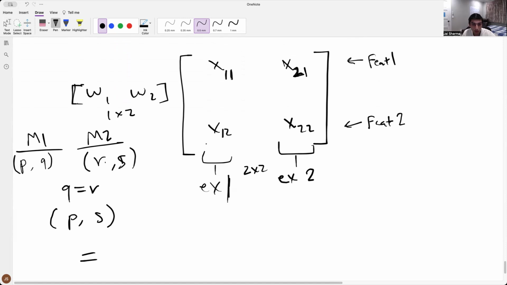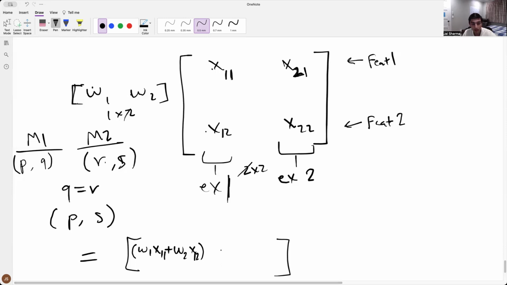So if you have a 1 by 2 and a 2 by 2, the result should be a 1 by 2, where this first entry is w1 x11 plus w2 x12. So what I'm saying is this times this plus this times this.